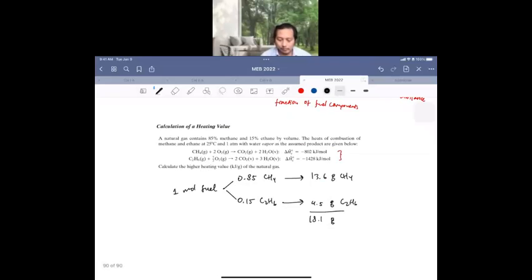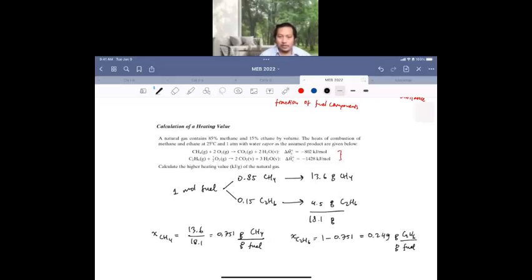So we can find the fractions for methane in 1 gram of fuel. And for the ethane fraction, we just take 1 minus the methane fraction, and this is 0.249 per 1 gram of fuel.